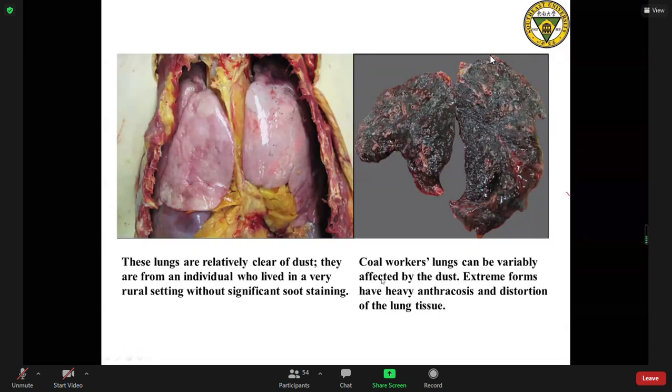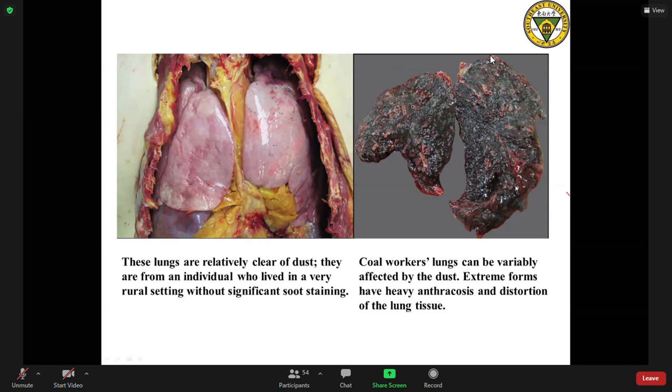So we compare these two lungs, the two patients. This lung is clear. Here we can see small particles. Yeah, this small black area may be dust or carbon dust deposit. It may be from living in a very rural setting without severe air pollution.